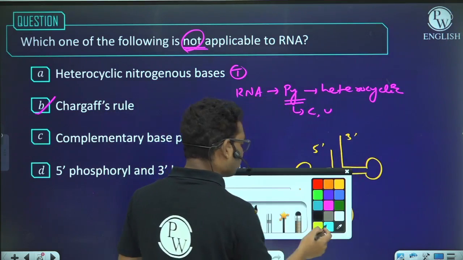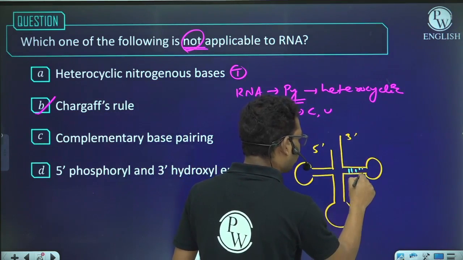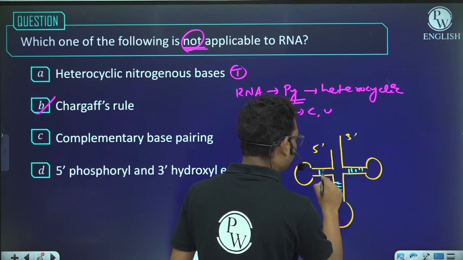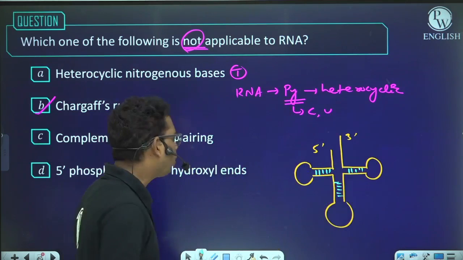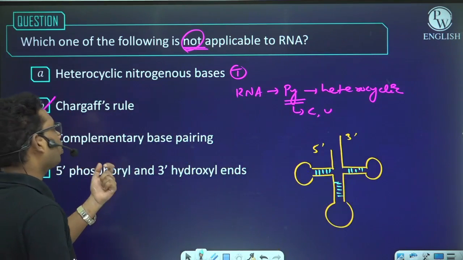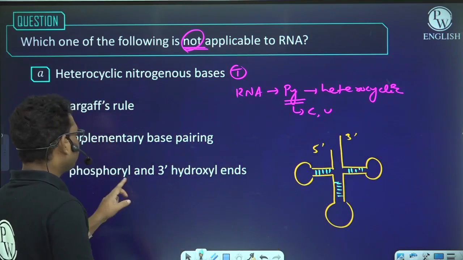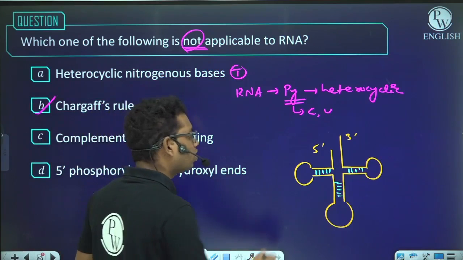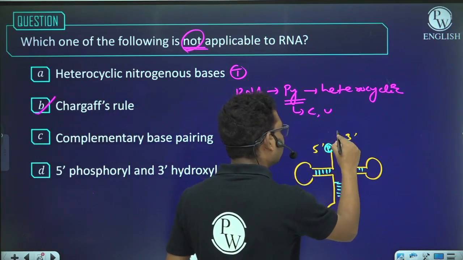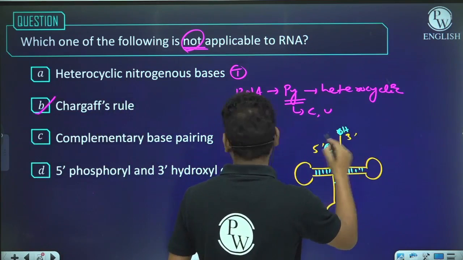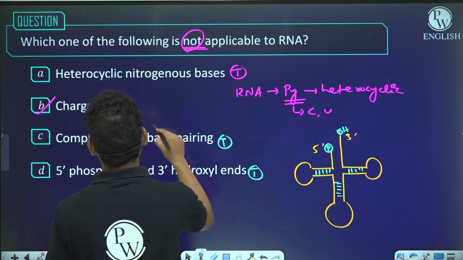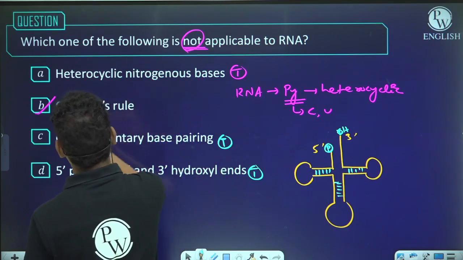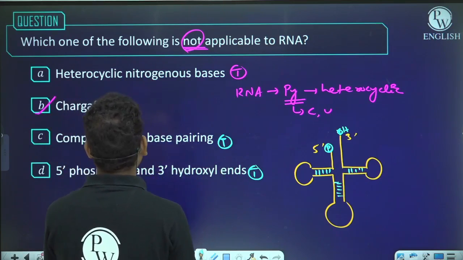In these arms there will be hydrogen bonds, and these hydrogen bonds are due to complementary base pairing. So in RNA, complementary base pairing will be there. 5' phosphoryl and 3' hydroxyl group, yes, at this end a phosphate will be there, and at this end a hydroxyl group will be there. So this is also true, and the answer is B.